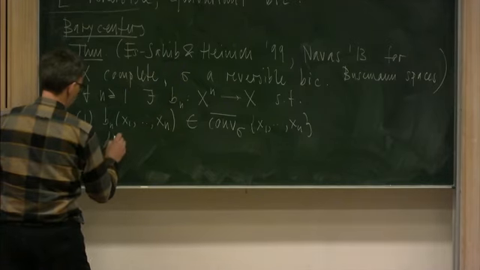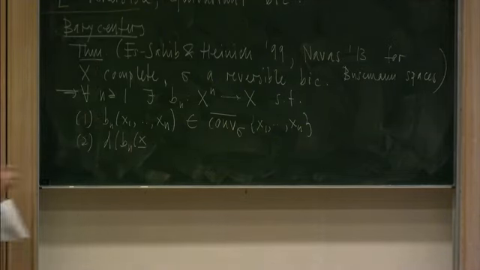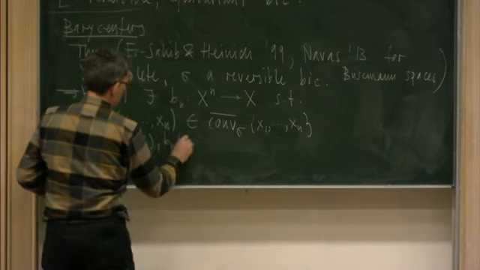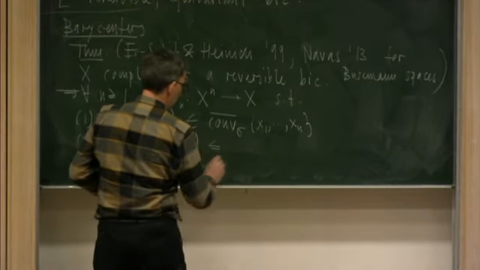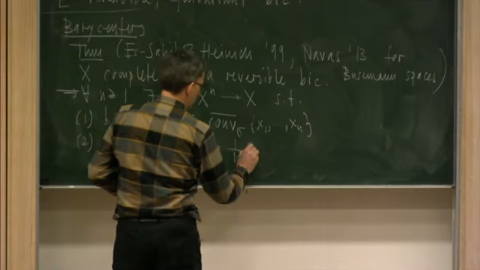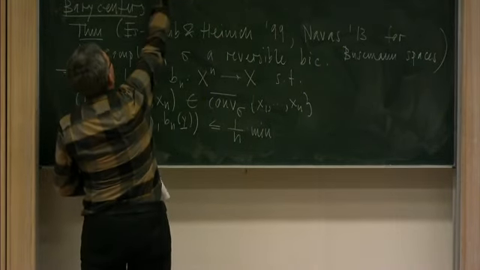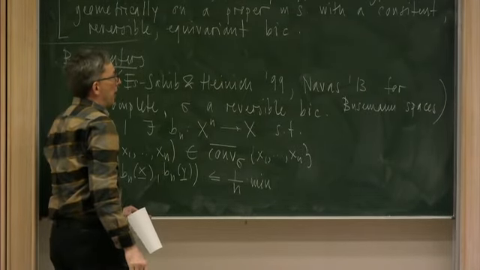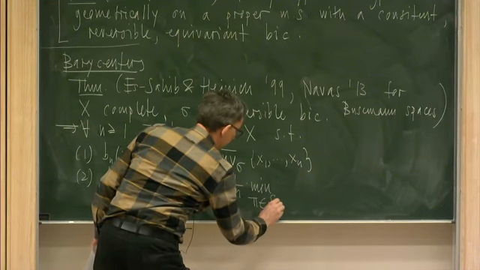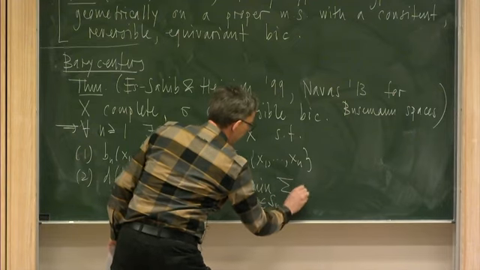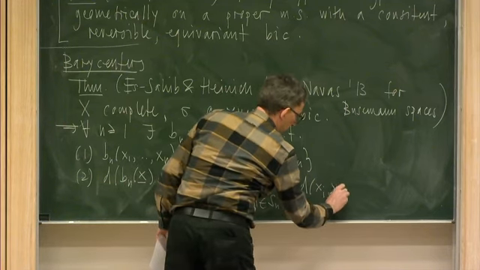So if you take two such tuples, x underbar and y underbar, the distance between Bn of x and Bn of y is less than or equal to 1 over n times the minimum over all permutations pi in Sn of the sum of d(xi, y pi(i)).